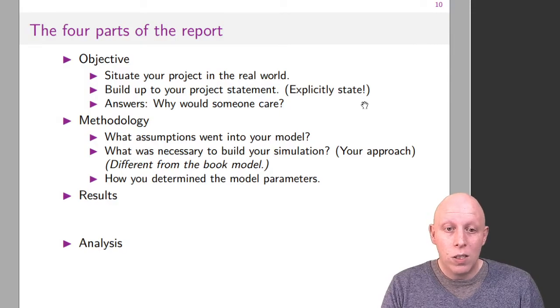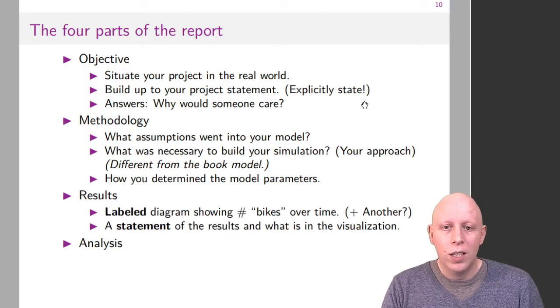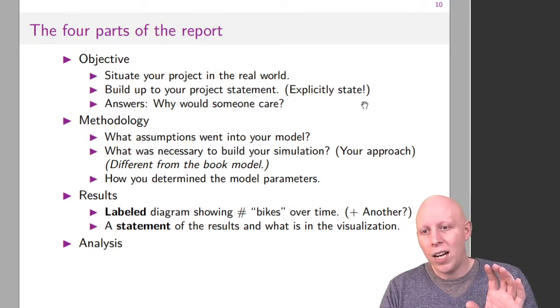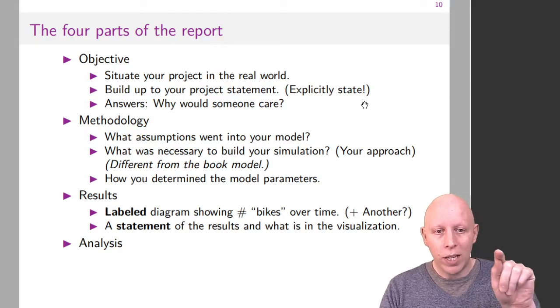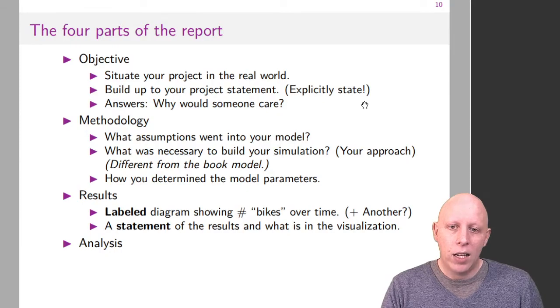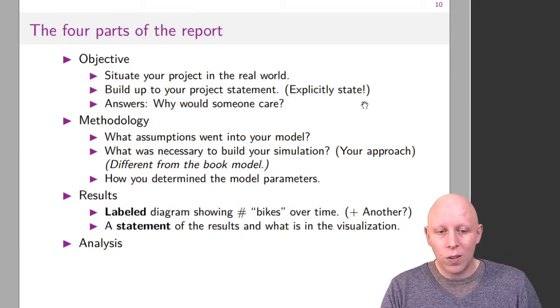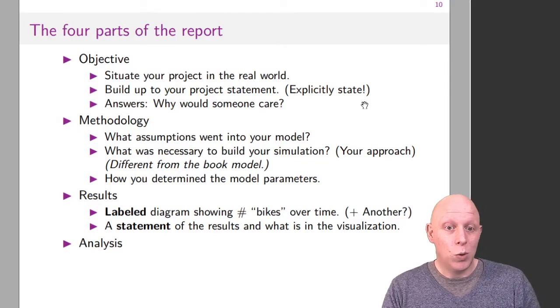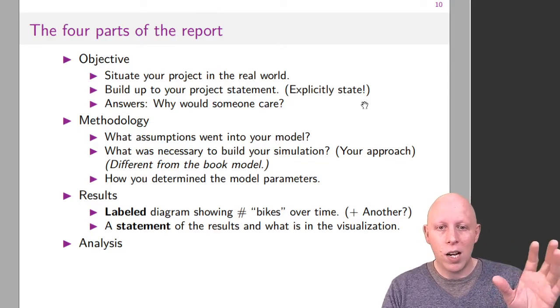Then we get to the results section. So the results section is, you're going to create a diagram about how the bikes are changing over time. And depending on your project statement, you may have some sort of sweep series that gives you another diagram.